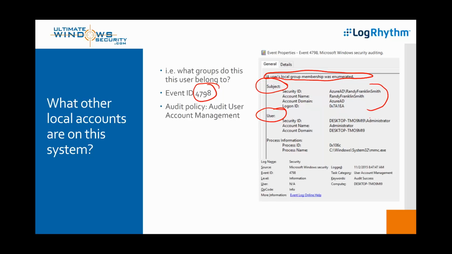What I did was open up the administrator user account on this local computer, and asked, what groups does this user belong to? What program did I use to do that? MMC. So this looks fairly innocuous.